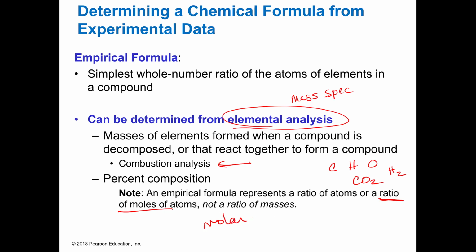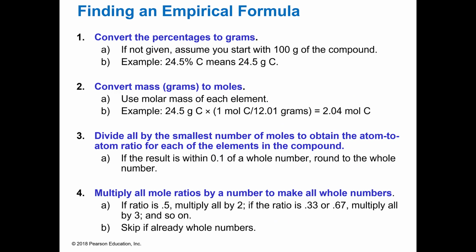It is not a mass ratio, because these things are together in mole ratios. So how many moles of carbon, how many moles of hydrogen, how many moles of oxygen. In order to know the mass ratios, we would have to multiply those by their atomic masses.